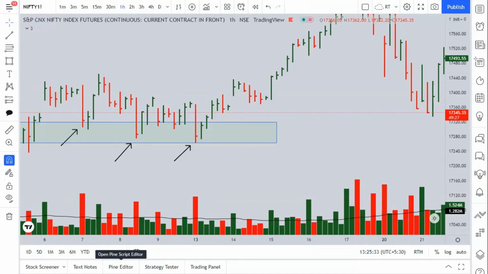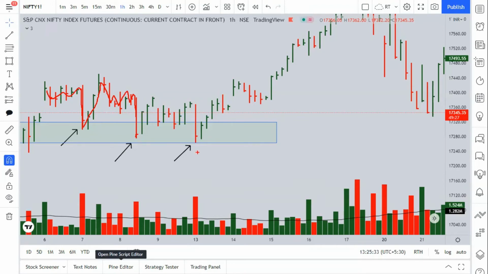Constantly the market is trying to create an absorption phase, and suddenly there is a down move. Then the market went up, tried to create an absorption phase, and suddenly there is a down move. And again the market created an accumulation phase, and suddenly there is a down move.